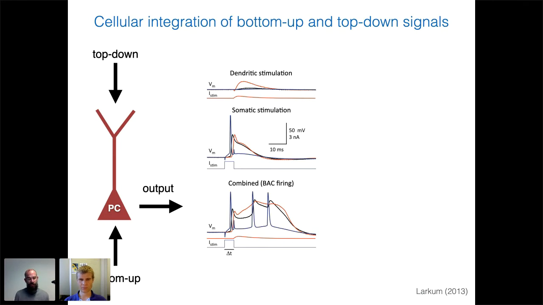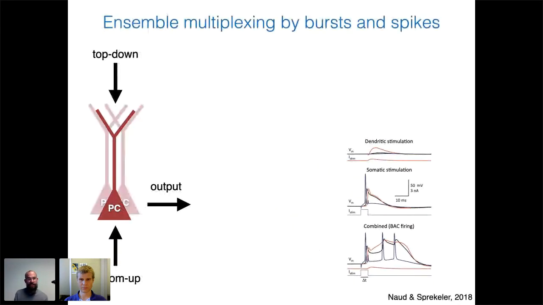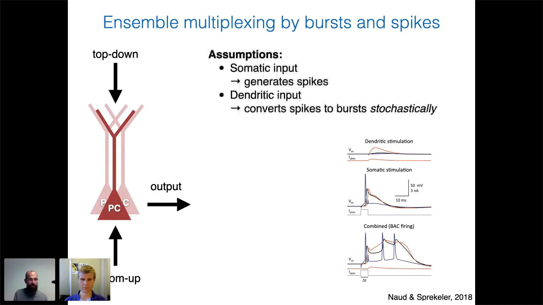Now let's abstract that away a little bit into a cortical code or a neural code. Right? So basically, let's assume that there is a population of these types of cells. And the assumption I'm making is that somatic input generates spikes. That's basically this part of the picture here.